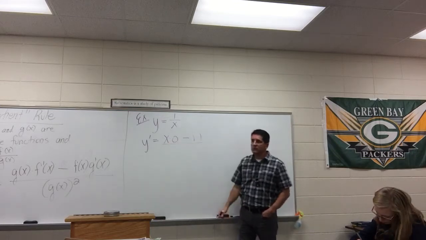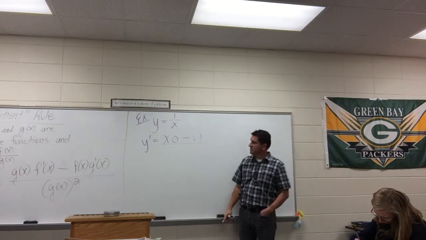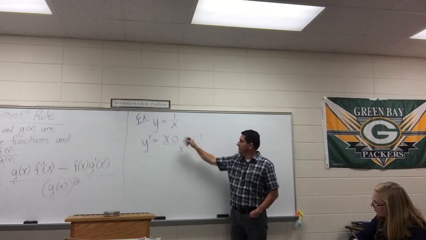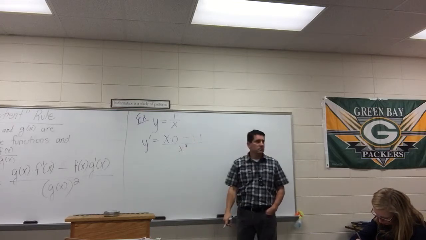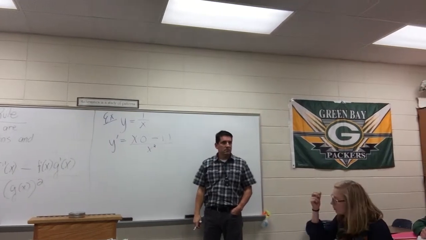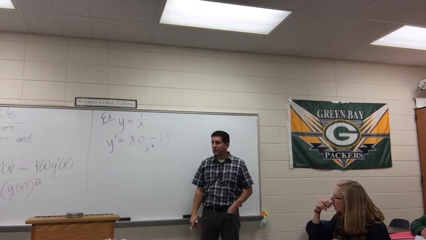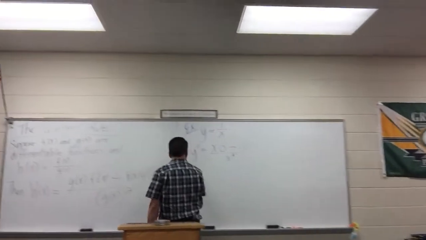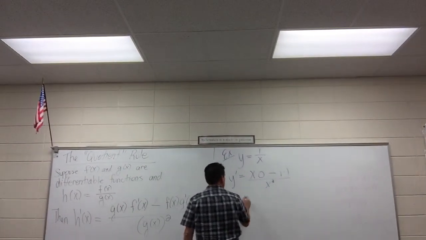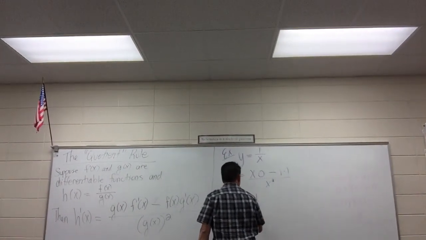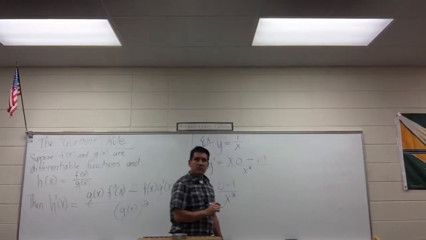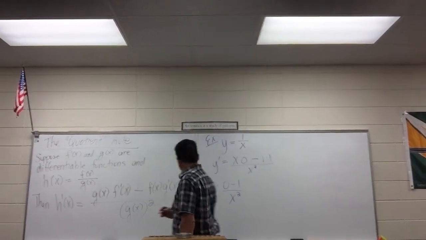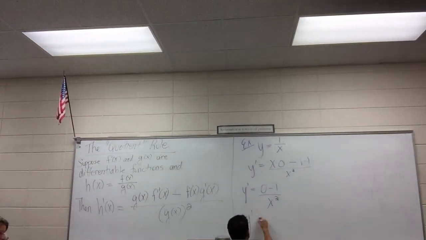All over x squared. Agree? Okay. So what does this get us? y prime is equal to 0 minus 1 over x squared. Or in other words, y prime is equal to negative 1 over x squared.